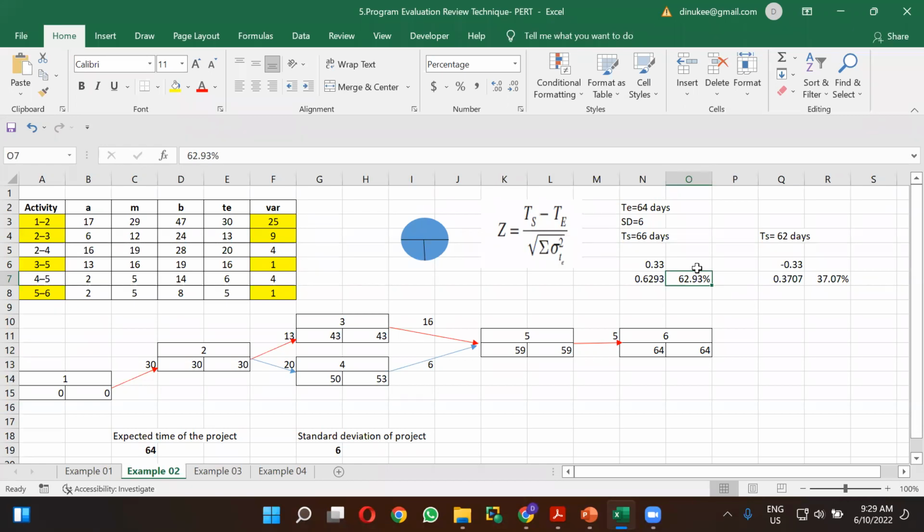So this can be done in a reverse manner as well. In the first part, we calculated the percentage or the probability of completing the project. So if they give us the probability, if they tell us that there is a 95% probability to complete the project, how much scheduled time is needed to complete that project within 95% probability.